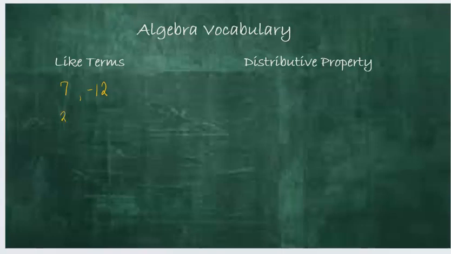Another example might be 3x and 2x. They both have the variable x, and so therefore they are like terms. Also, I can have, for example, -4b and 1/3 b. Now I've again brought in my rational numbers with my fraction, my integers, but again they both have the same variable.